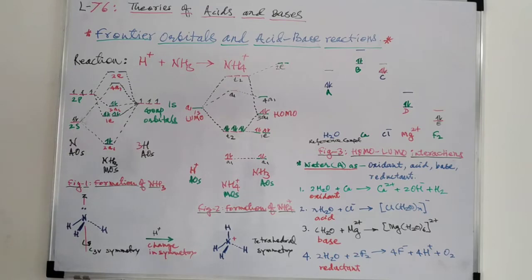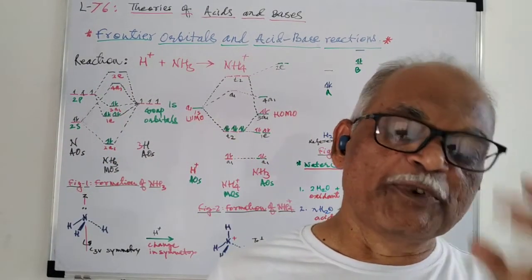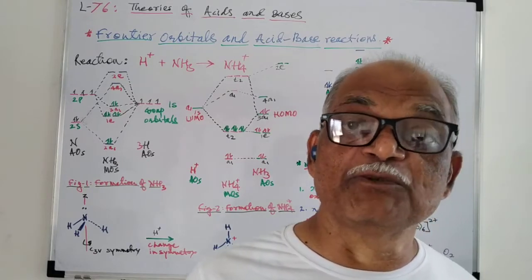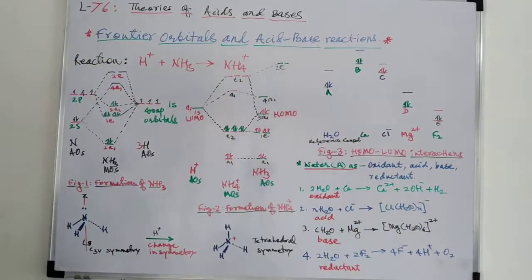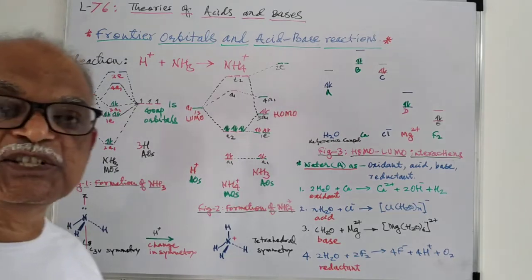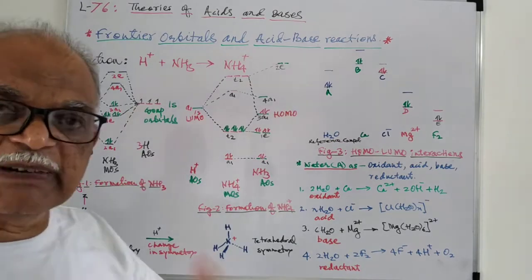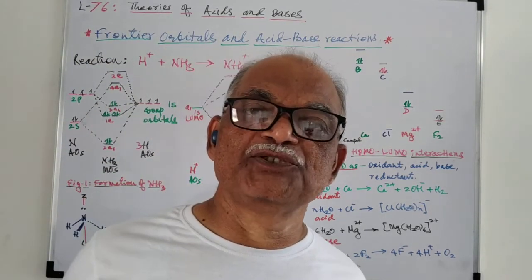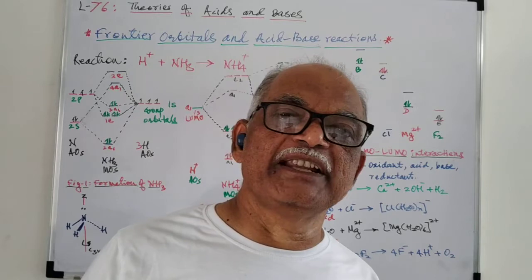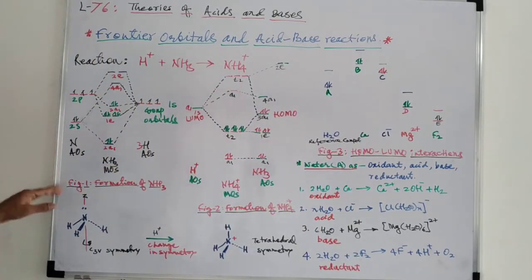Nitrogen has atomic number 7, meaning 7 electrons, out of which 2 electrons are present in 1s, 2 electrons are present in 2s, and 3 electrons are present in 2p. And 1s is an inner orbital, that is not a valence shell, so that is not involved in the actual reaction. So that is why we have not shown these 1s orbitals of nitrogen.